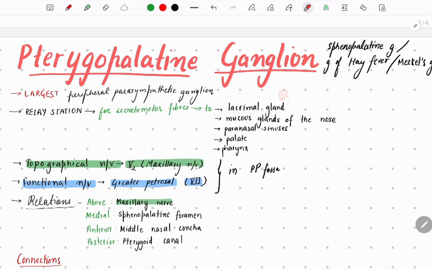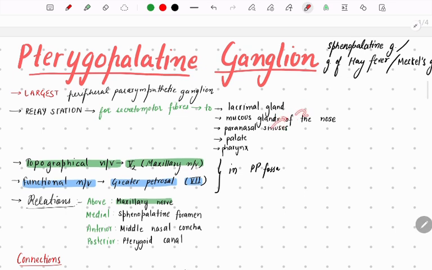For the pterygopalatine and the submandibular, we have the maxillary nerve, right? And for the submandibular, we have the mandibular nerve. And for the ciliary, we have the ophthalmic and its branch, the nasociliary nerve, right? If you remember from the last video.